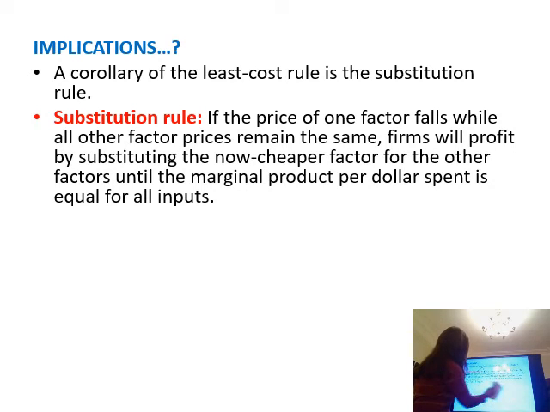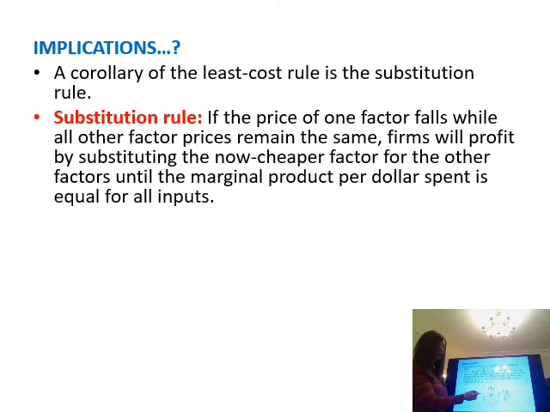For example, let's say the marginal product of labor divided by the price of labor should be equal to the marginal product of capital divided by the price of capital. What will happen if the price of labor in the denominator fell? What will happen to this entire ratio, which is MPL over PL?